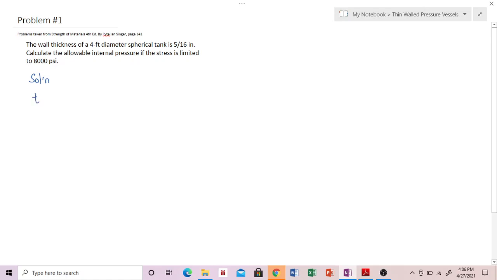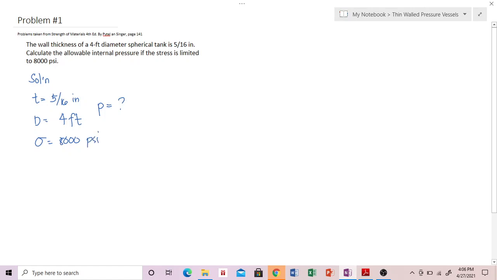The thickness is 5/16 inch. And then, the diameter is 4 feet. So, ang required dito is the allowable internal pressure if the stress is limited to 8,000 psi.